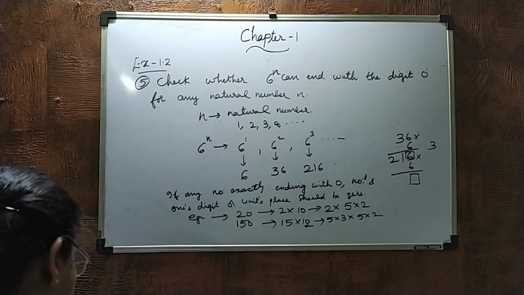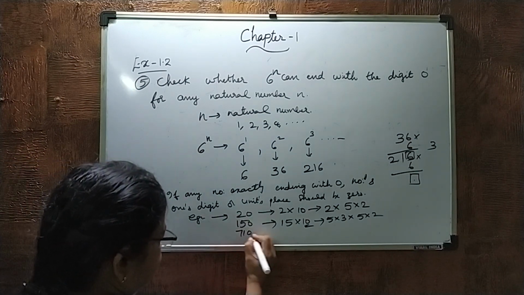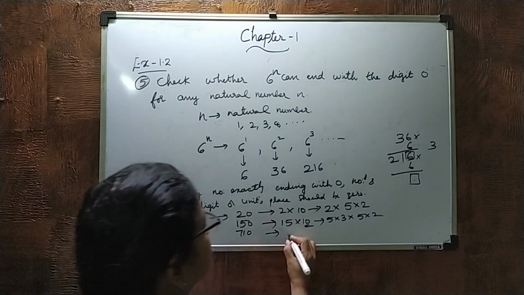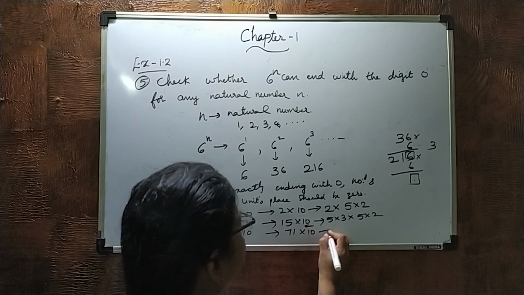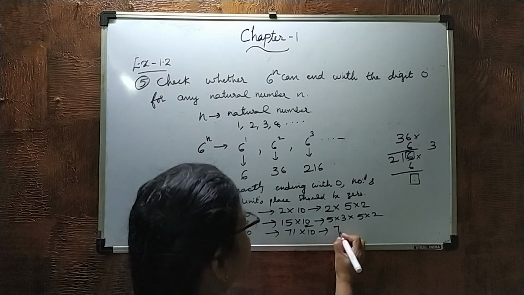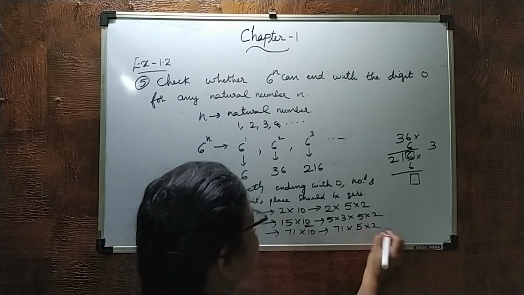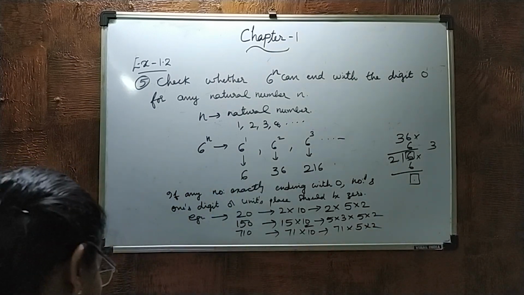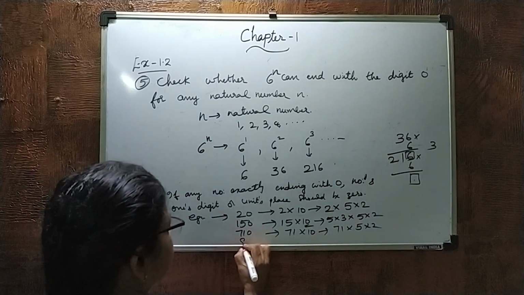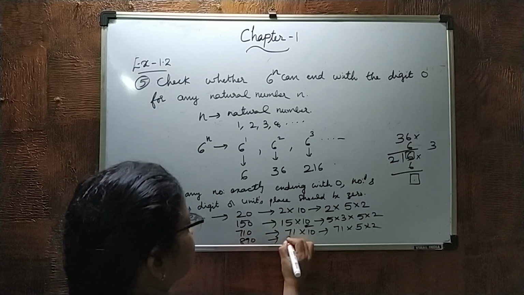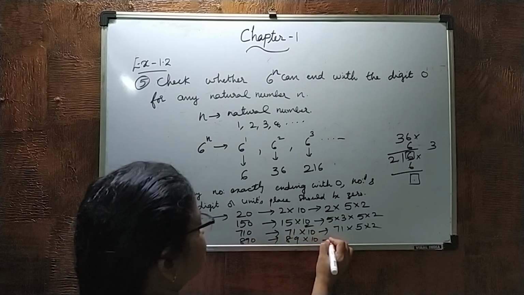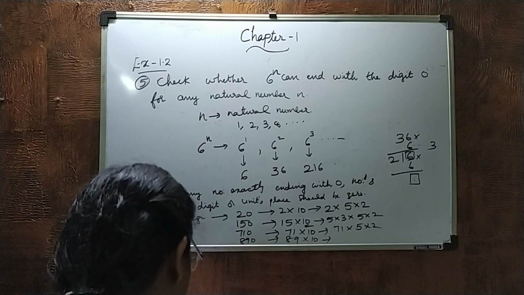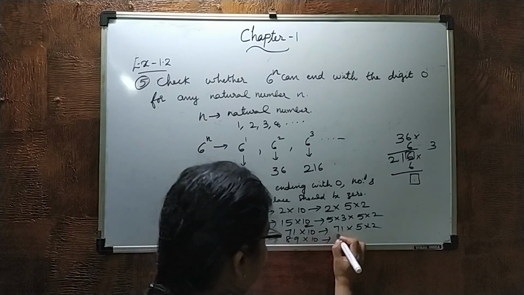Next, take the number 710. It will be 71 into 10, that means 71 into 5 into 2. Again, 890 is 89 into 10. We are splitting it this way because it is easy. So 89 into 2 into 5.